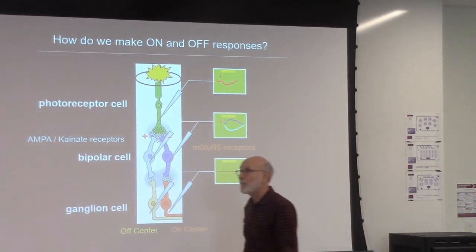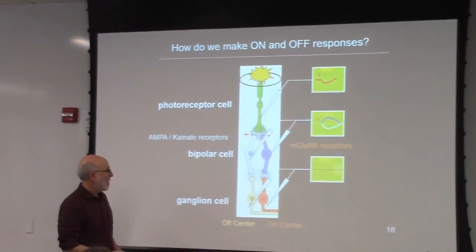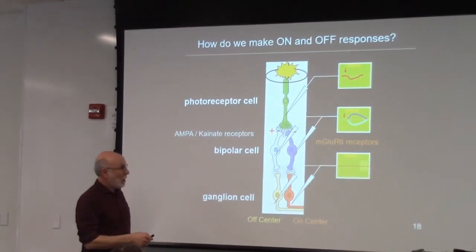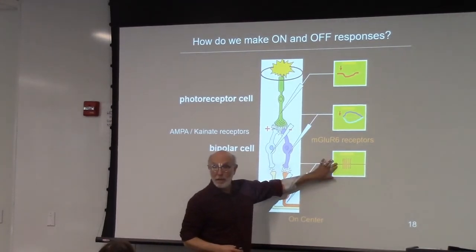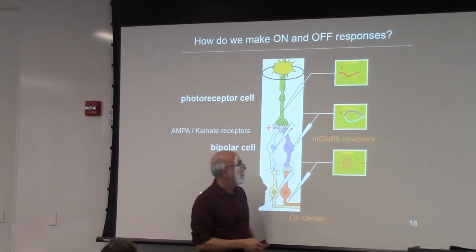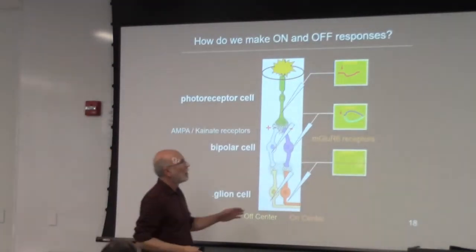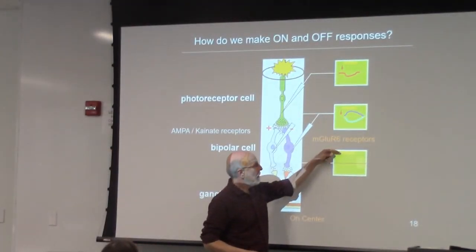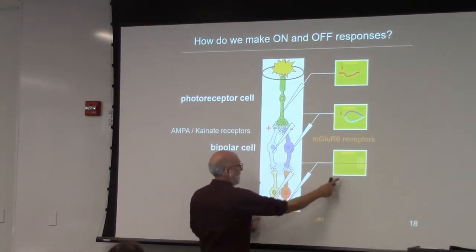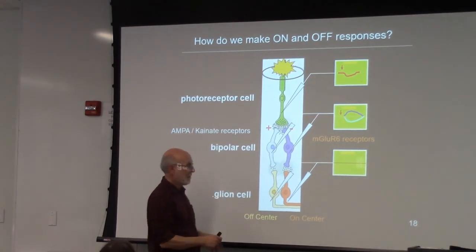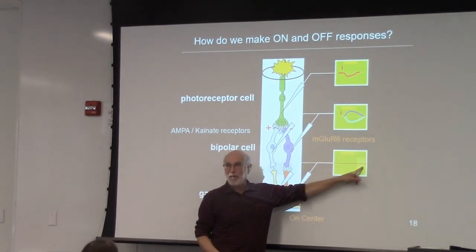The graph for the ganglion cells, is that showing that it's in the dark? You're talking about the graph before, when I had the yellow? That was showing the action potentials in the dark. In the light, this is this cell, right? In the light, action potentials are not on, and in the dark, action potentials are on.